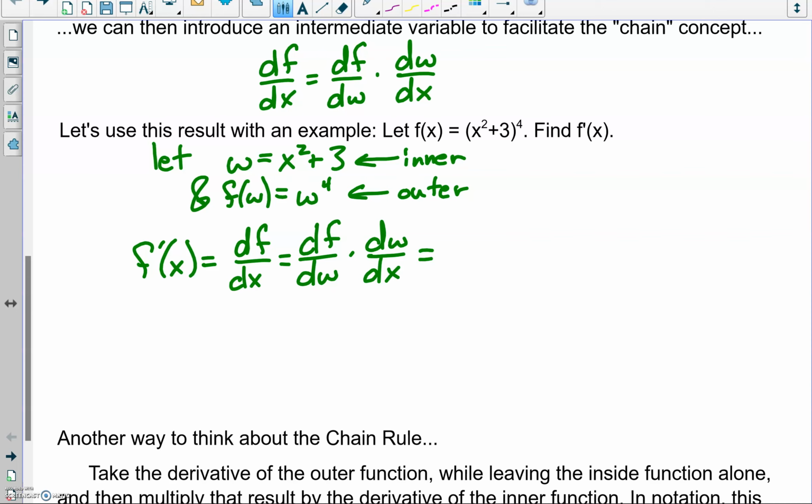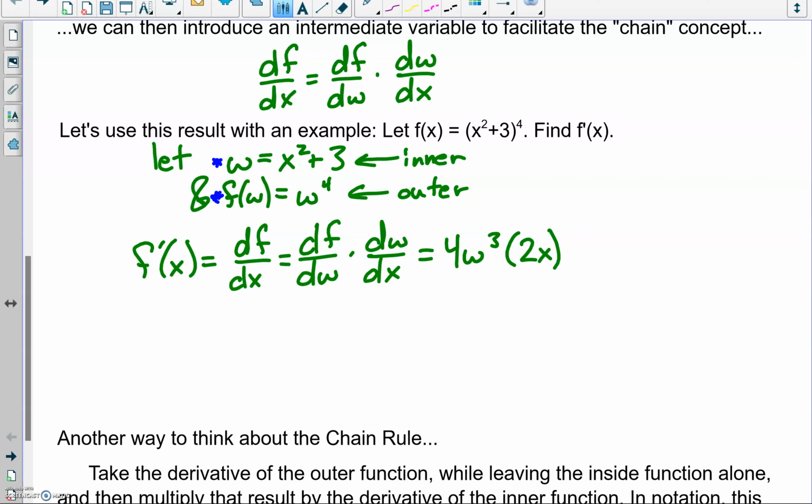Looking at this, df dw, if I just look at the f of w function and find its derivative, what I get is 4w cubed using the power rule. And then dw dx is the derivative of this w function with respect to x, and that's just going to be 2x.